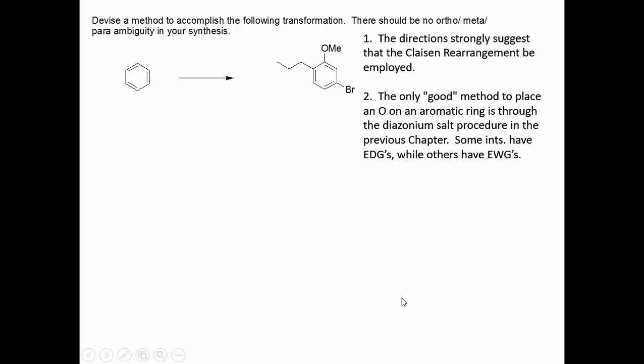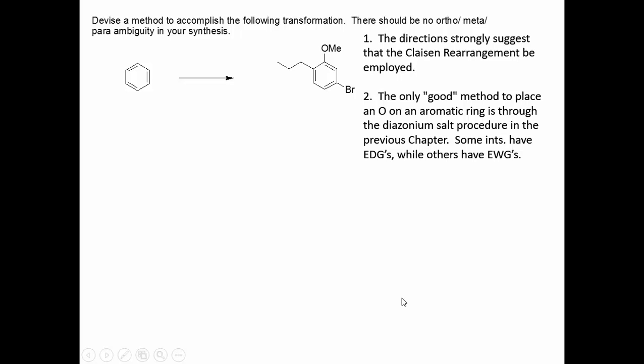Of all the methods, we seem to prefer the one where we're using the diazonium chemistry. So we're going to invest several of the steps here in transforming the benzene ring into an OH group.